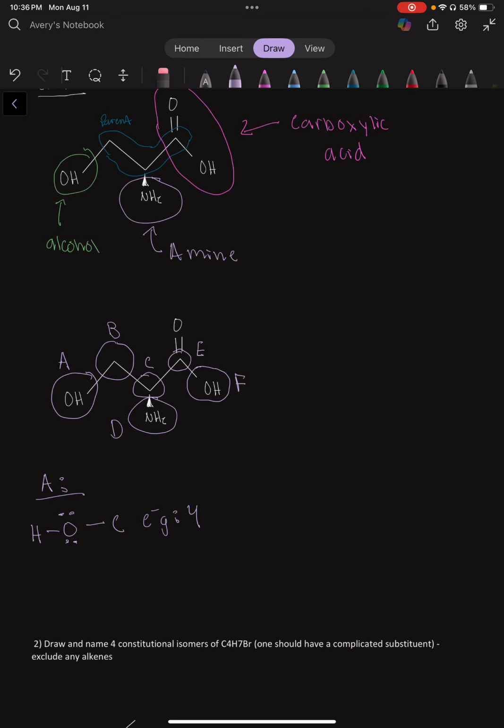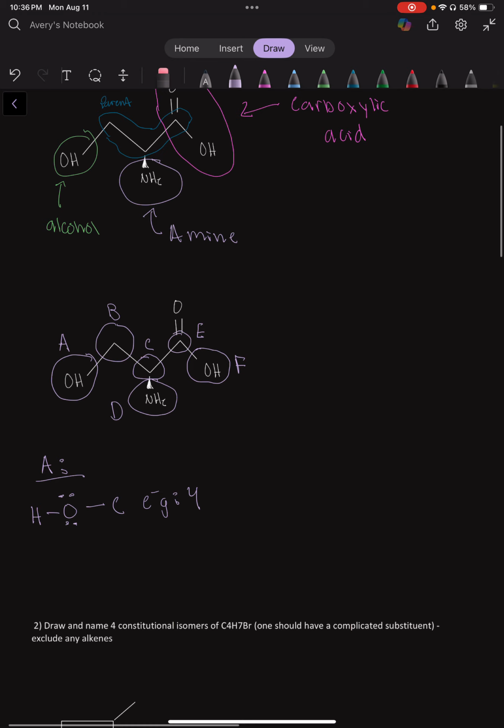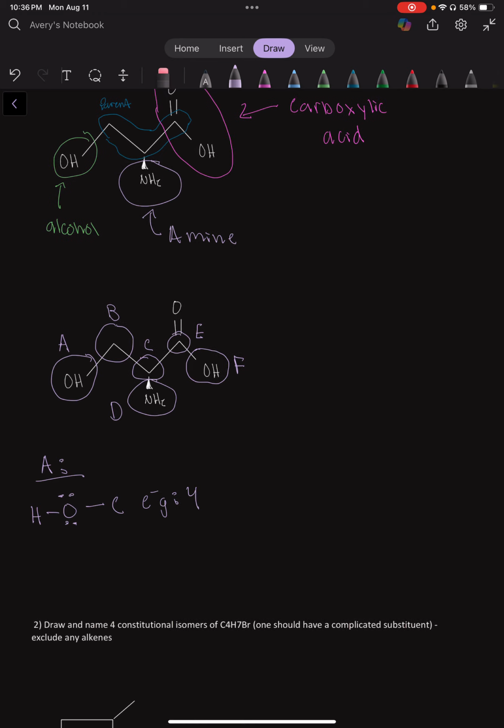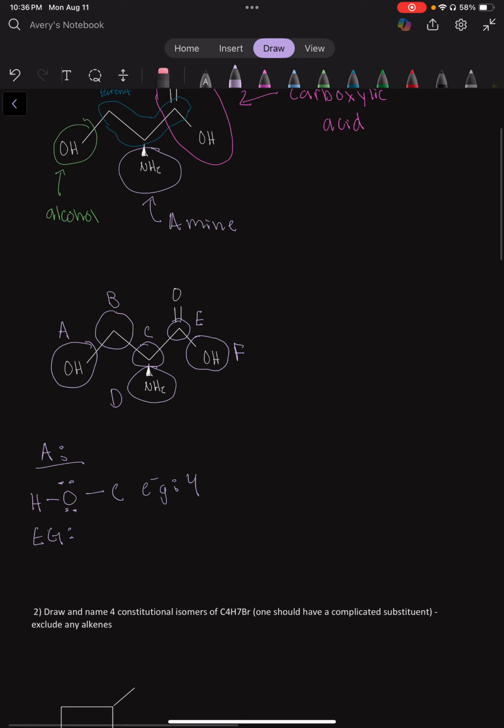So 2 plus 2 is 4. Now that we have our electron group, we can go ahead and answer what the electron geometry is. And since we have 4, it's going to be 109.5 degrees tetrahedral.